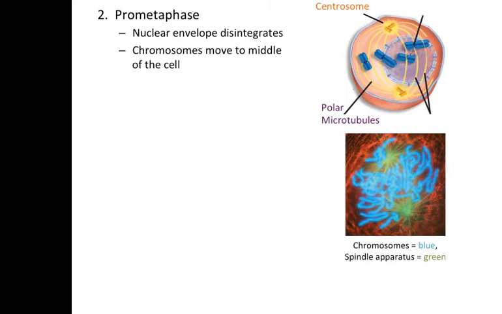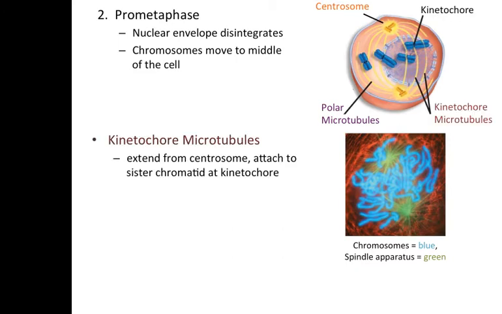A second type of microtubule, called kinetochore microtubules, are important for this process during prometaphase. Kinetochore microtubules originate in the centrosome like polar microtubules. However, instead of overlapping with other polar microtubules, kinetochore microtubules attach to chromosomes at specialized structures called the kinetochore.